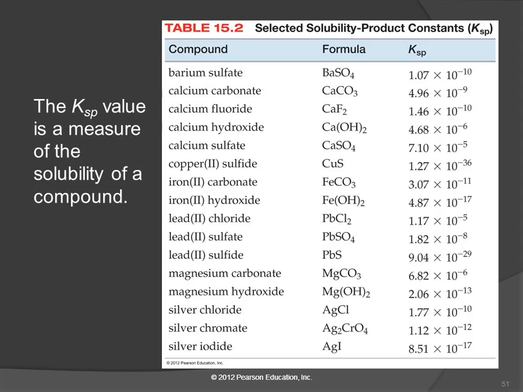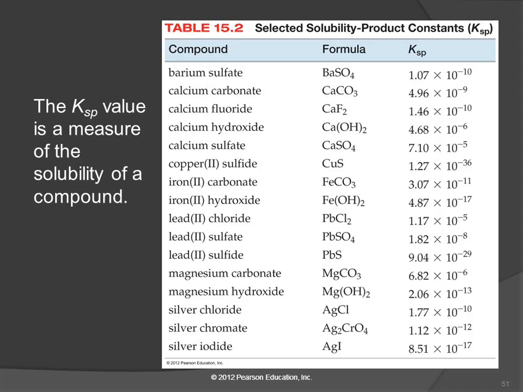And when we look at these solubility product constants, like barium sulfate, 1.07 times 10 to the minus 10. That's a small number. Barium sulfate does not dissolve in water very much at all. Just a little teeny tiny bit. Can you pick out one that is soluble? Or which one is the most soluble? None of them are very soluble in this list.